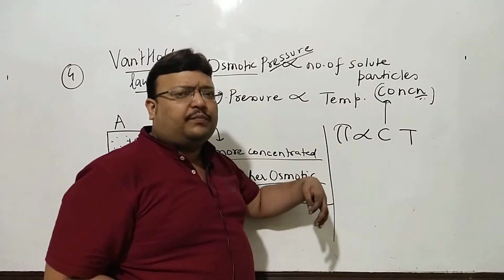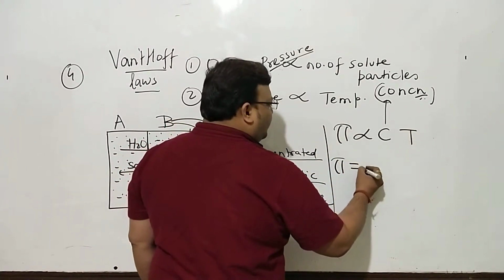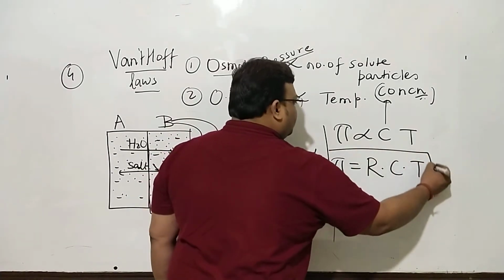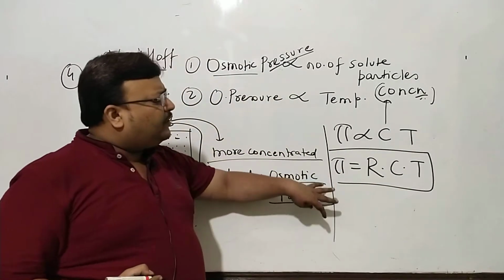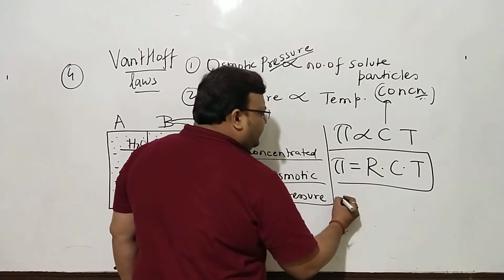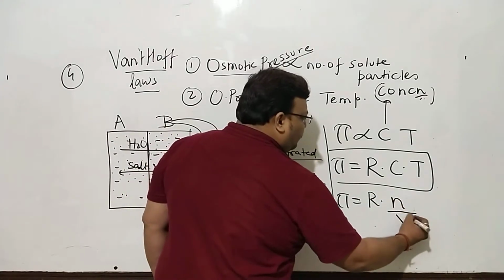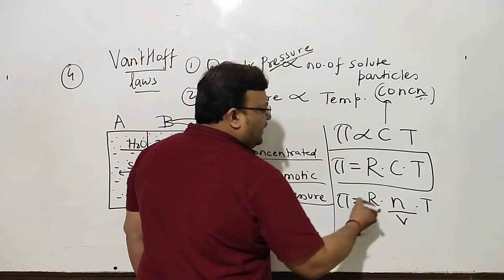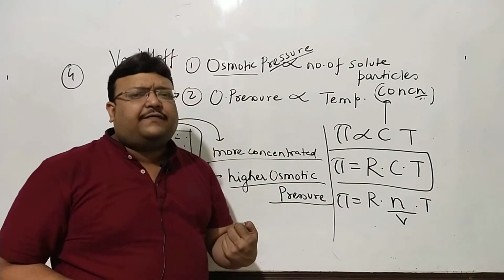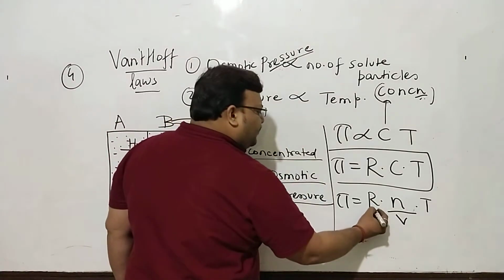The most popular unit is molarity, moles per liter. This is very similar to how we write PV equals nRT, because concentration would be number of moles by volume. So pi V equals nRT, very similar to the gas laws.